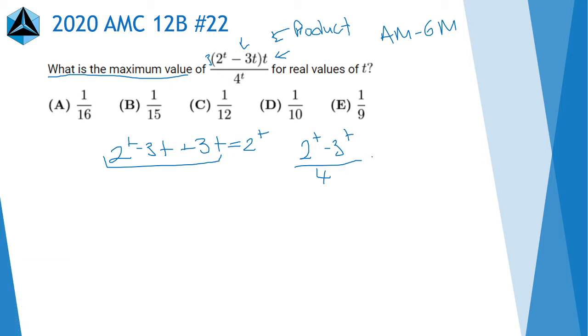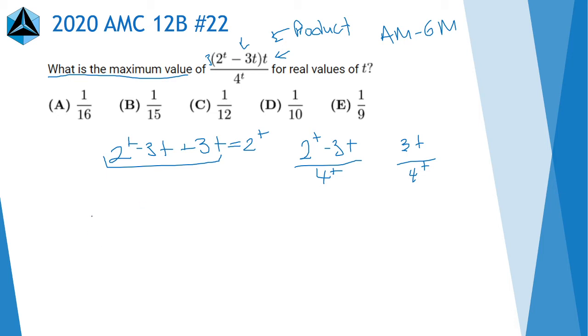Okay, 4 to the t. It should be 2 to the t minus 3t over 4 to the t. And I'm going to also do 3t over 4 to the t, because if you sum these up, then the 3t's cancel. And so let's apply that.